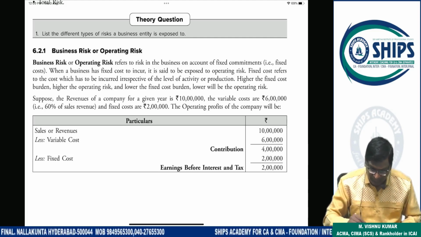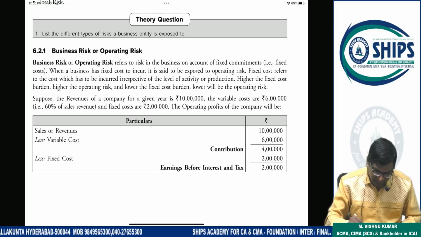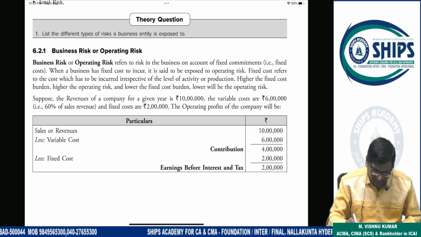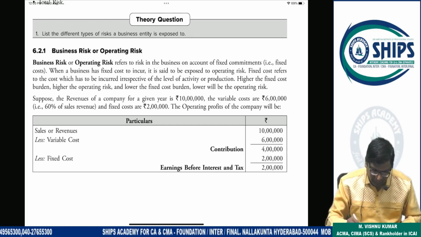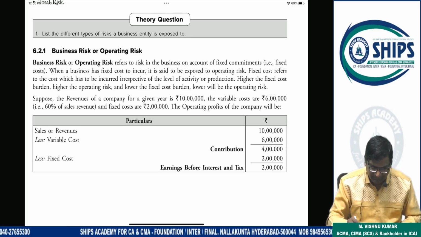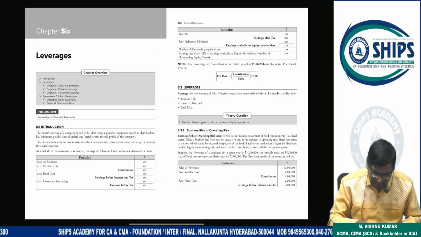Okay. So you are earning before interest and tax so much? 2 lakhs. 10 lakh minus 6 lakh variable cost, contribution 4 lakhs, fixed cost 2 lakhs, so earning before interest and tax 2 lakhs. Okay. So this is already you understand.